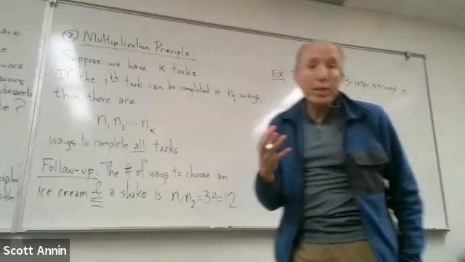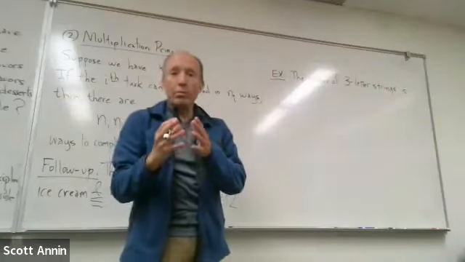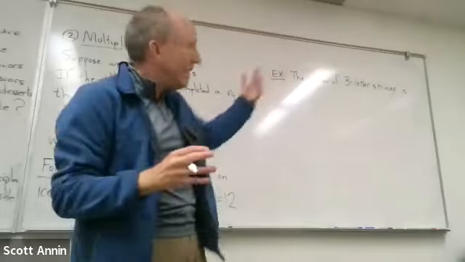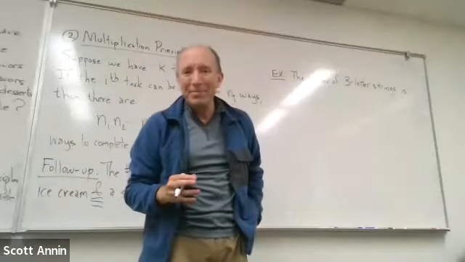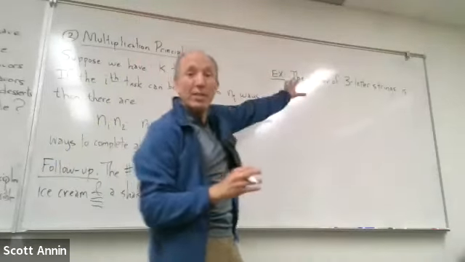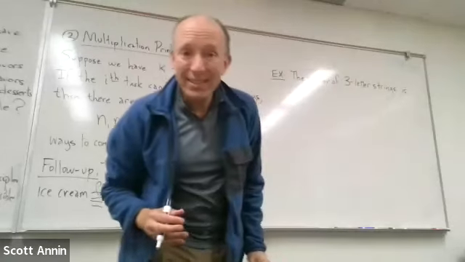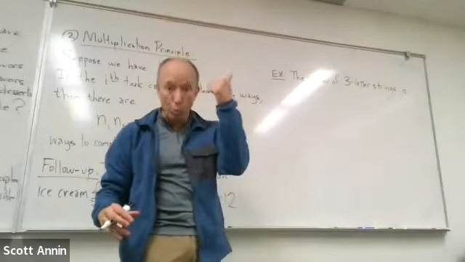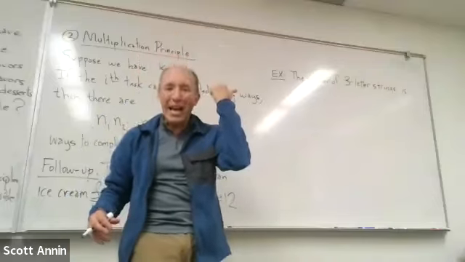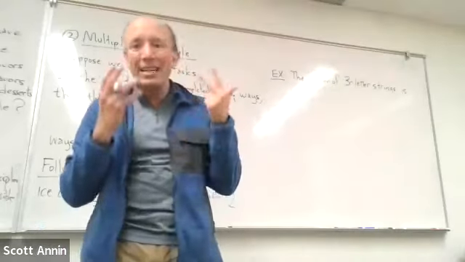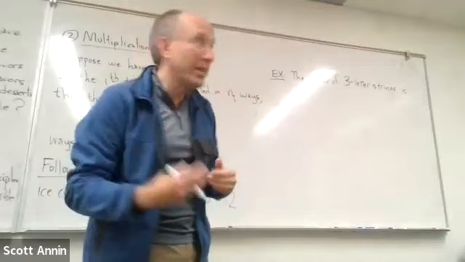We're talking about just strings of 3 characters. There's 26 letters in the alphabet, right? We have to think of this as 3 tasks. There's the task of choosing the first character, there's the task of choosing the second character, and there's the task of choosing the third character, right?